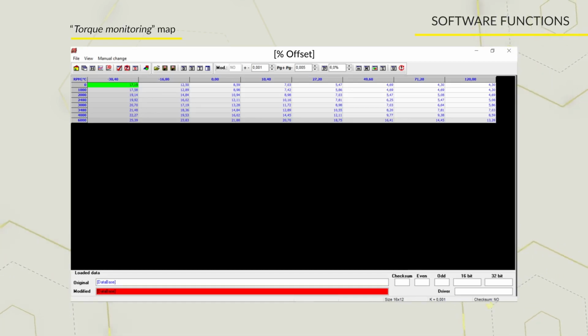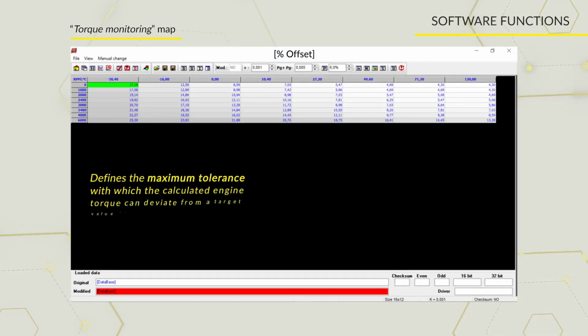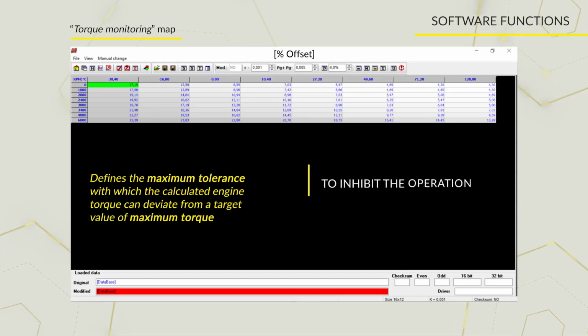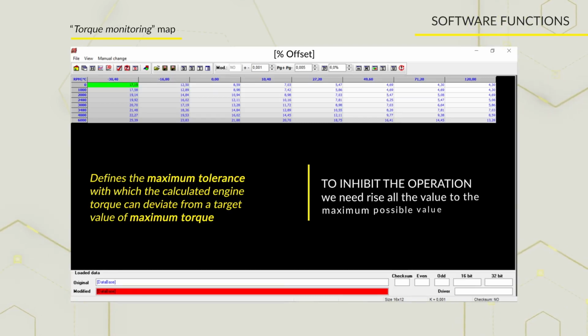The map represents the offset percentages relating to the engine torque, calculated internally as a function of the engine revolutions and the coolant temperature, and defines the maximum tolerance with which the calculated engine torque can deviate from a target value of maximum torque set within the ECU. If the tuner wants to inhibit the operation of torque monitoring, he will simply have to raise all the values within the map to the maximum possible, and thus allow greater tolerance.